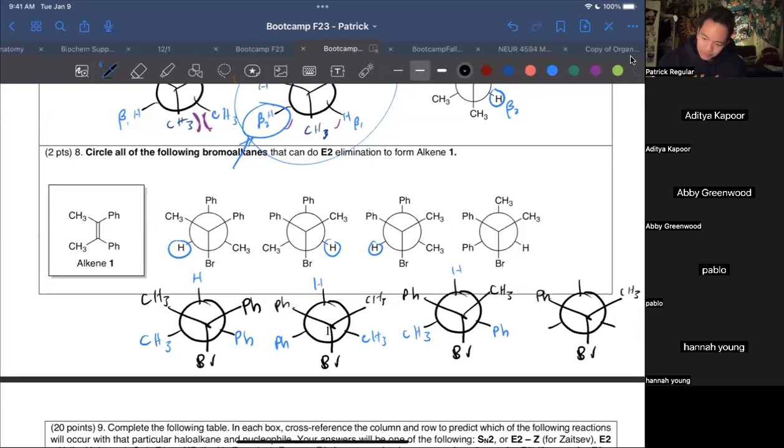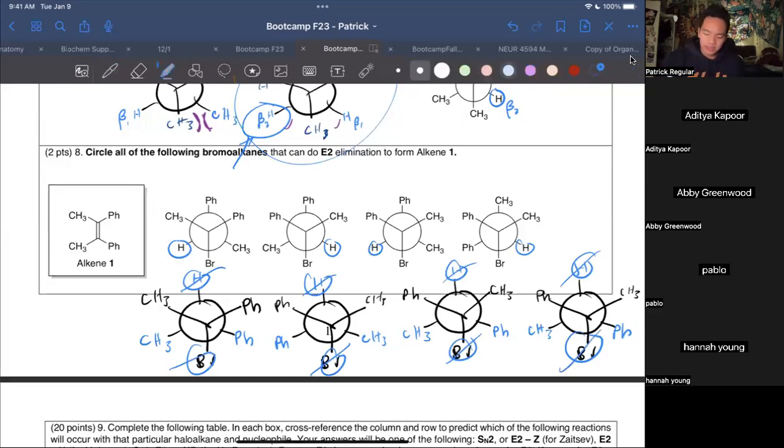PhCH3. Okay, as we were, this one up top, HCH3, Ph. Now, if we were to eliminate the bromine and the subsequent hydrogen, let's look at which phenyl groups are cis. These phenyl groups are cis, and these phenyl groups are cis.